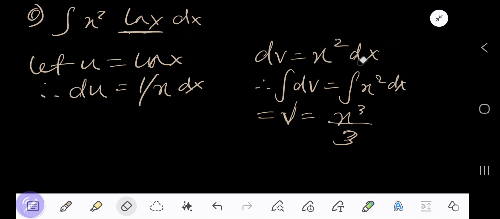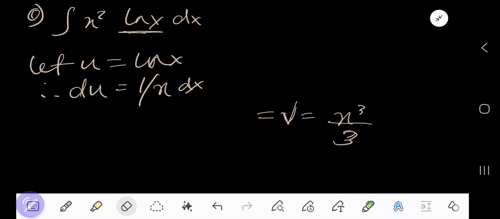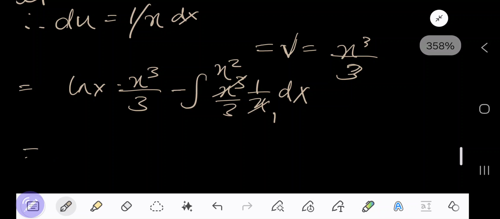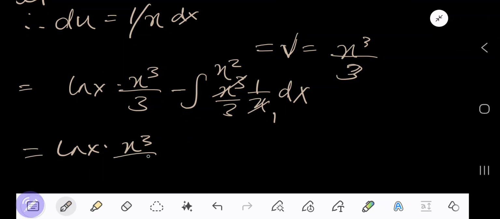Now by substituting we have this equals ln x times x to the power 3 by 3 minus the integral of x to the power 3 by 3 times 1 by x dx, right? x and x square, so it's x square by 3, so this equals ln x times x cube by 3 minus 1 by 3 times the integral of x square dx.